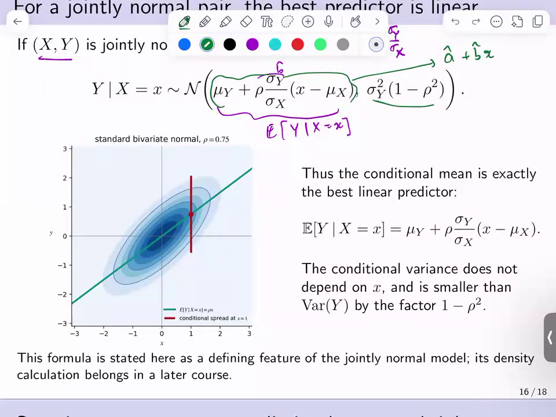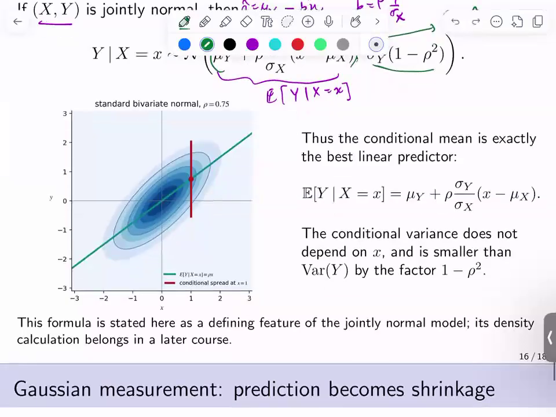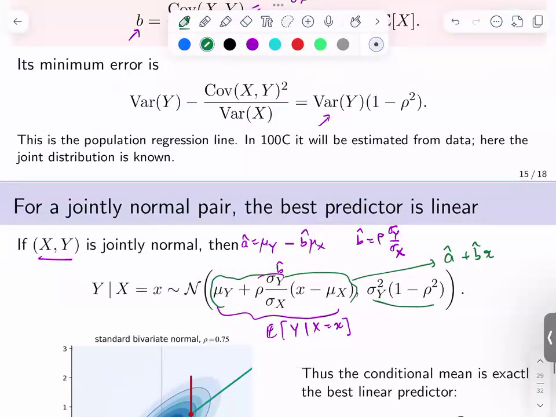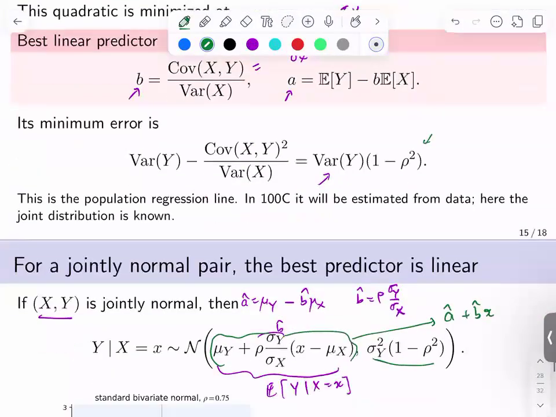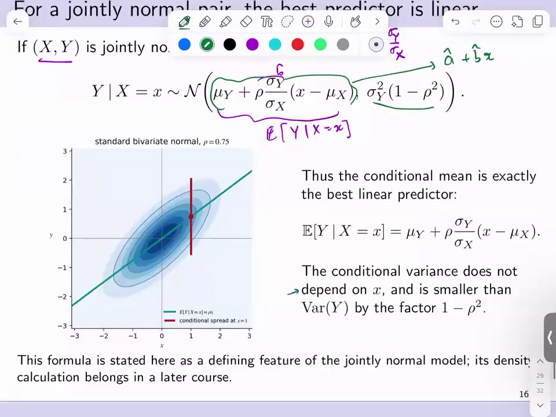This is that statement here. The conditional variance does not depend on x. This is true in general for the residual in linear regression. But in a general case, when you have a conditional expectation, the conditional variance could depend on x, but in this case it doesn't, and it's reduced by this factor.